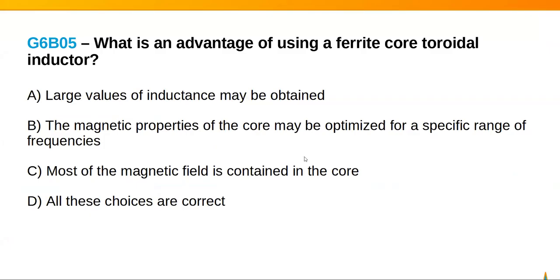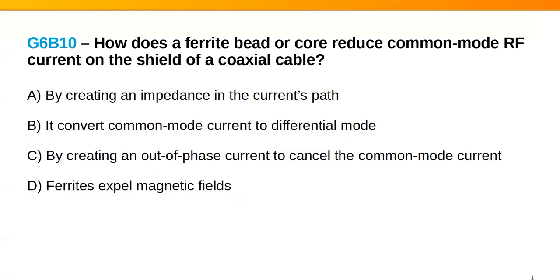So what's an advantage of using a ferrite core toroidal inductor? Delta, delta. Did I hear a delta? How does a ferrite bead or core reduce common mode RF current on the shield of a coaxial cable?